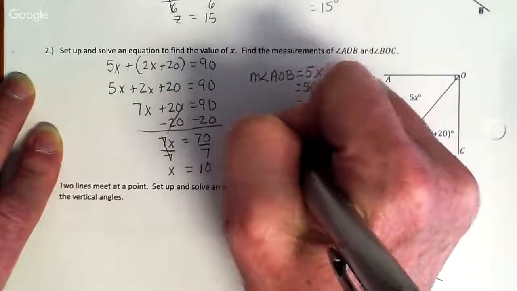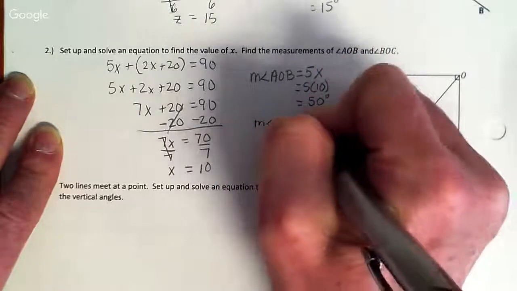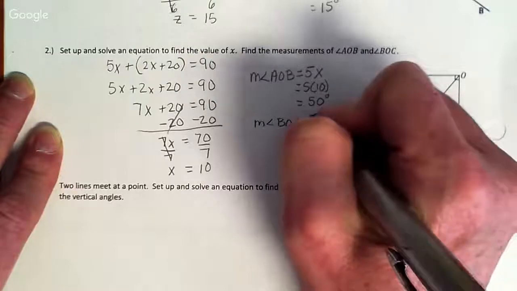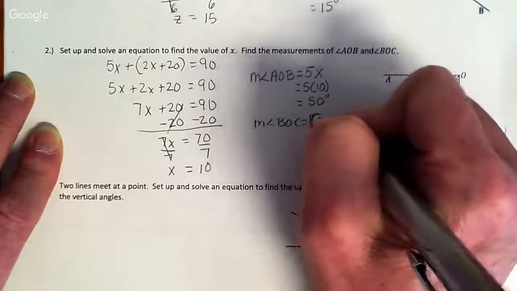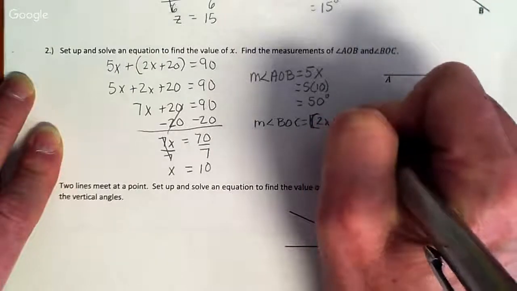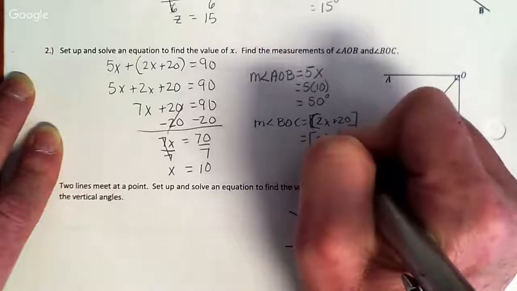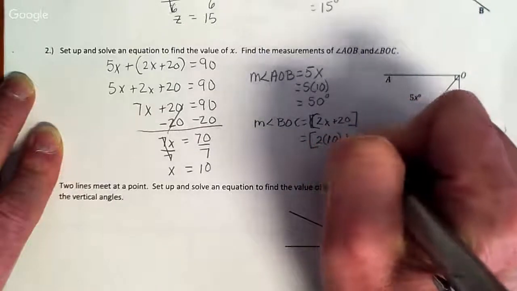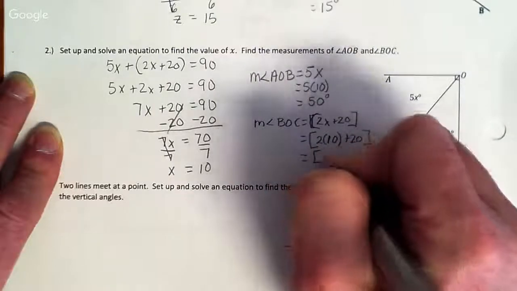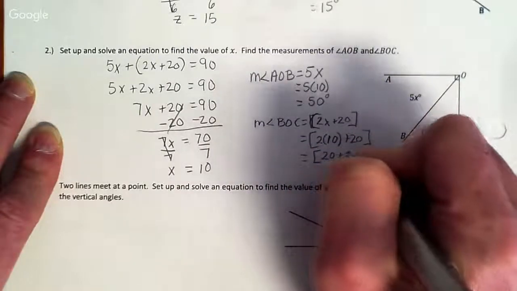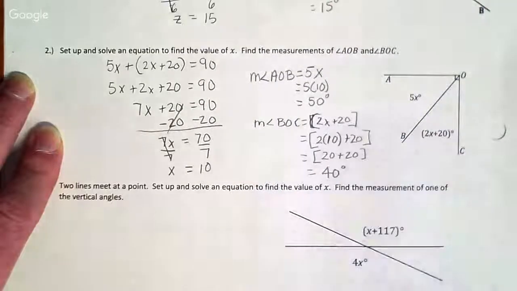The measurement of angle BOC is, in parentheses, 2x plus 20, or 2 times 10 plus 20, which is 20 plus 20, or 40 degrees.